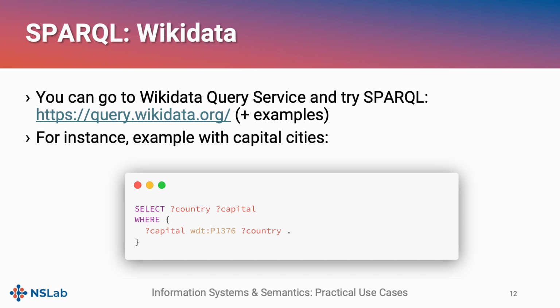You can of course run your own triple store and play with that, for example with GraphDB, and fill that with some data and then use queries. But you can also do that with Wikidata, which I already mentioned in the previous presentation. And there is Wikidata query service, and you can try SPARQL there. There are also some examples.